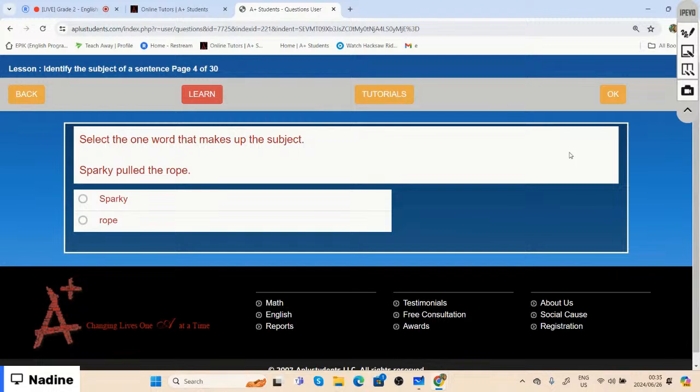All right, and if we were to identify our subject within that sentence, we would say it is Sparky.